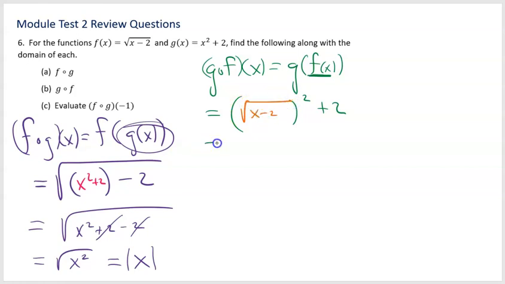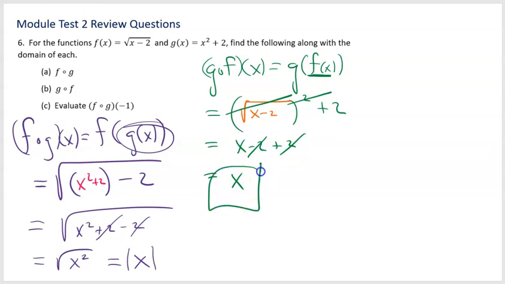Now I keep simplifying. Look, this square root goes all the way across, which means I can cancel that square root and that square, and I get X minus 2 plus 2. And then minus 2 and plus 2 cancel each other out to also get X. And again, don't worry about those absolute values right now.